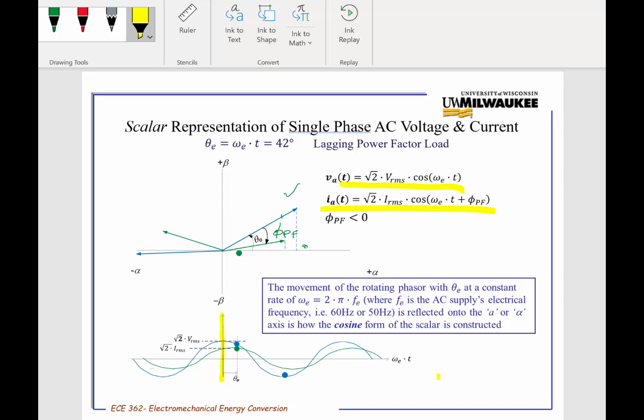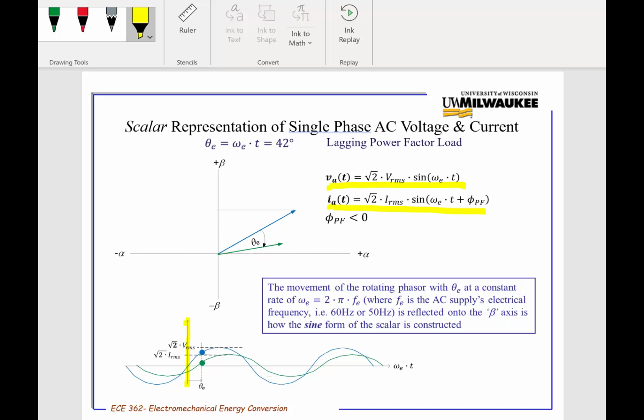It depends on where you pick that t equals 0 reference point. Think of it like a scope, like where you're going to trigger. You're going to try to trigger at a peak or a zero crossing. It's easier to trigger at a peak, so it's easier to reference things like cosines when it comes to sine waves if you're using an oscilloscope.